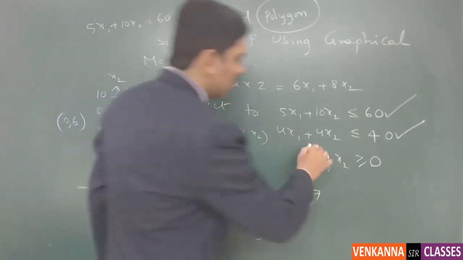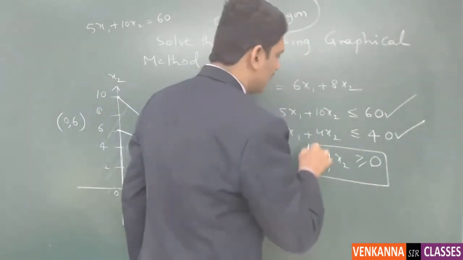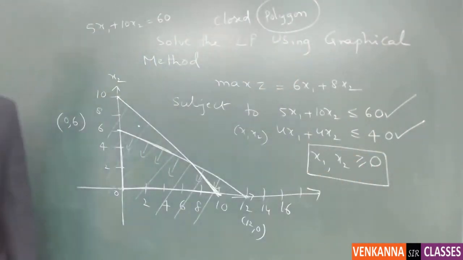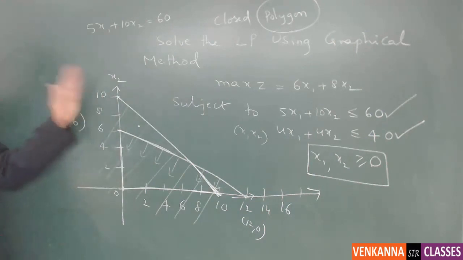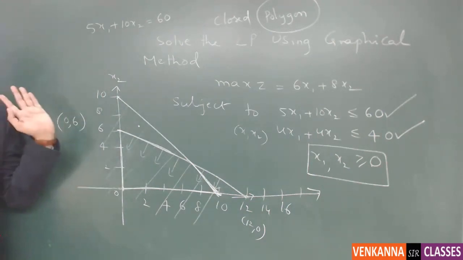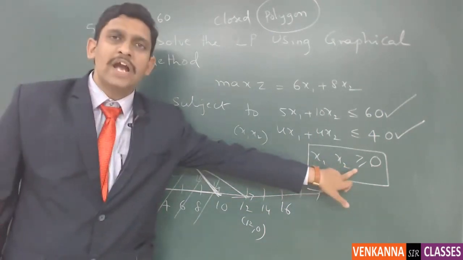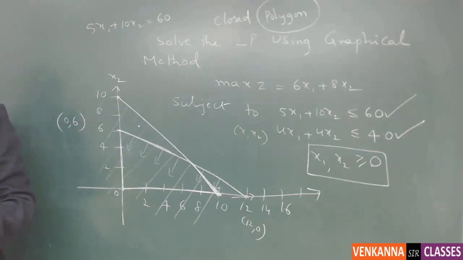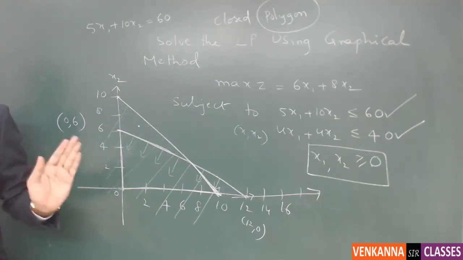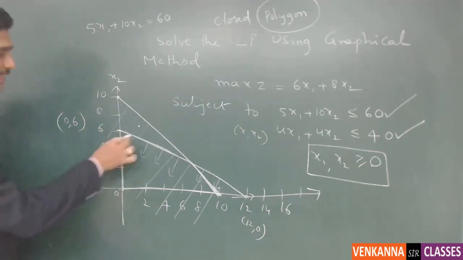Because always the variables take non-negative values. x1, x2 are always greater than or equal to 0. Even though the line extends so much, you cannot take the values of the other quadrants because we have the non-negative restriction on the variables. So always the feasible region comes under the part of first quadrant only. So this is the feasible region.